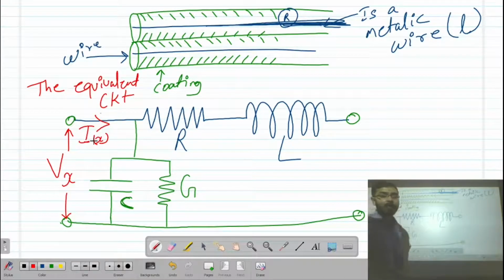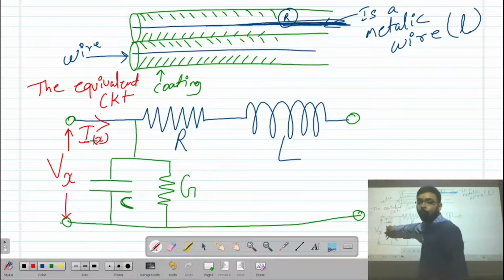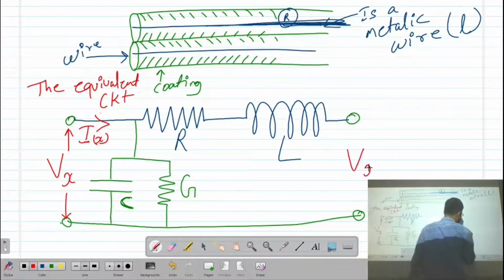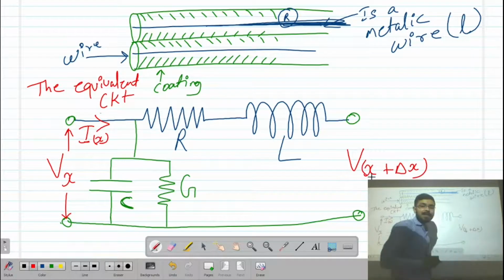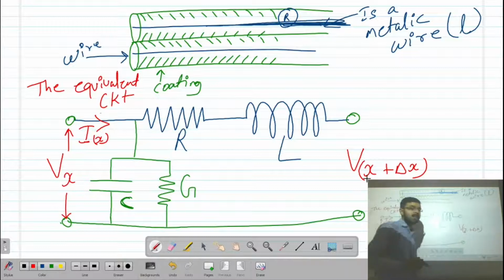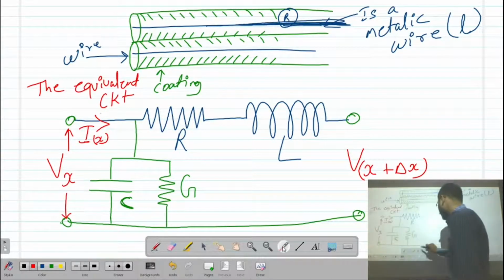I is nothing but the amount of current flowing through the circuit. V of x is nothing but the voltage across the circuit, and at last we will be having voltage x plus delta x. Delta x is nothing but the length traveled by the signal.